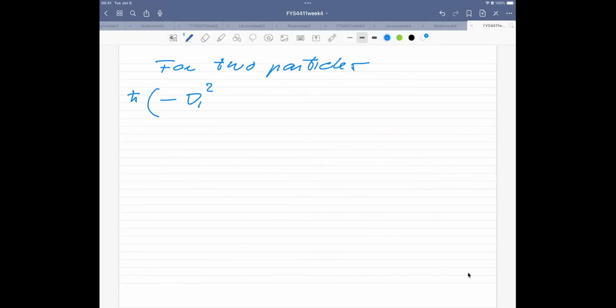So I have h bar squared divided by 2m, and then minus delta 2 is the second particle. And then I have a one-body potential, which depends on r1. And then there is another one which depends on r2 here, plus some term which is given by a constant, which is a Coulomb interaction divided by r1 minus r2.